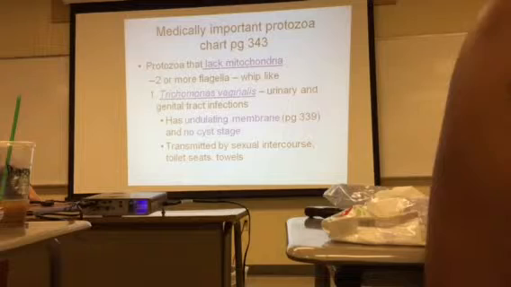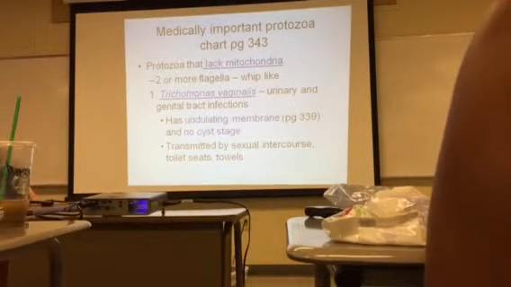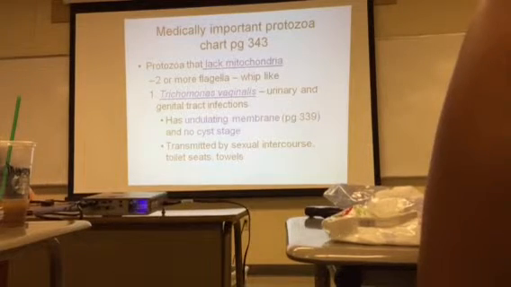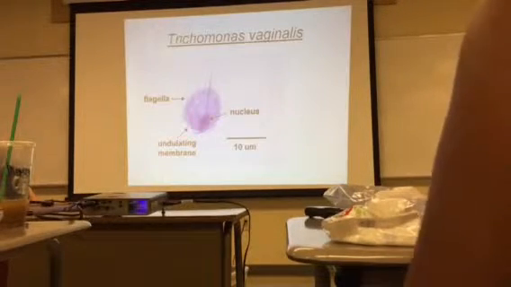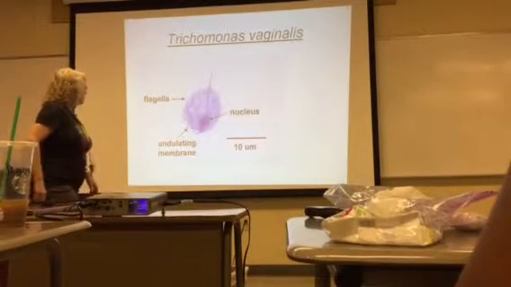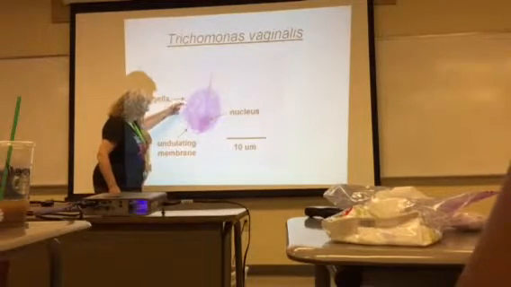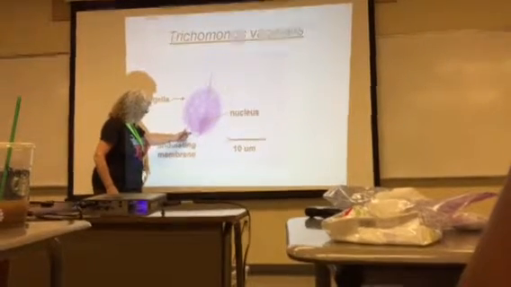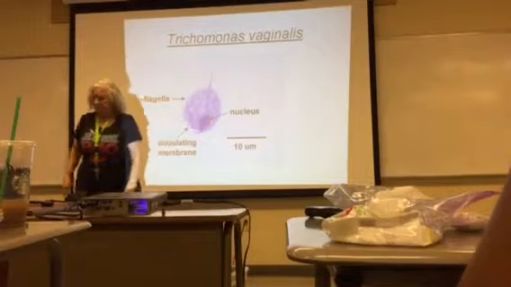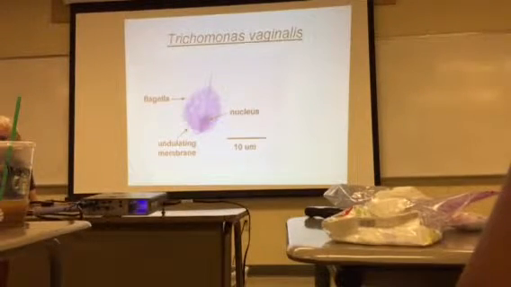It can be picked up off of toilet seats or towels. Here's a picture of it. Here's the nucleus, these are the flagella, and here's that undulating membrane. It looks to be about 10 microns.